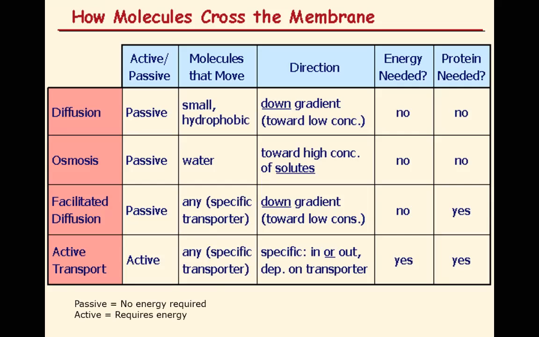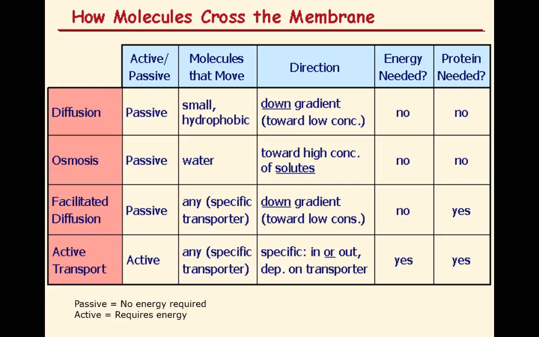So diffusion and facilitated diffusion should be no surprise that they're passive. They just rely on the energy that's there. Osmosis, if you remember our definition, is also a form of diffusion, but it's the diffusion of water.